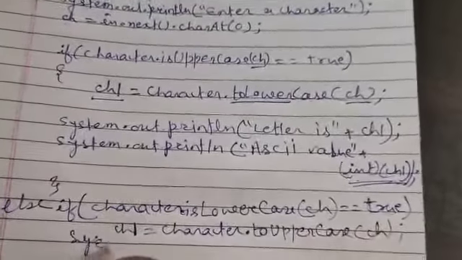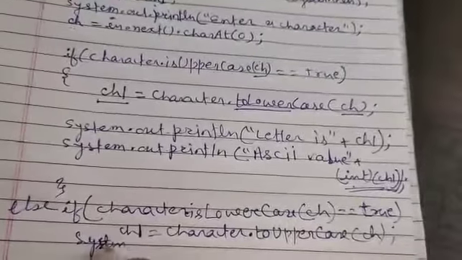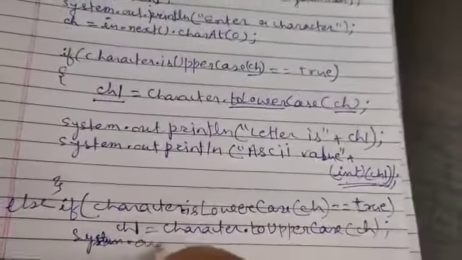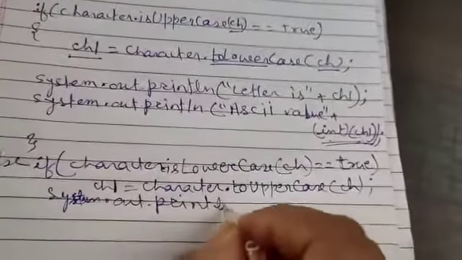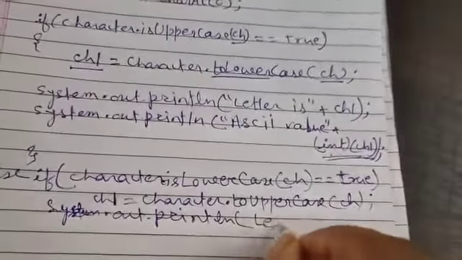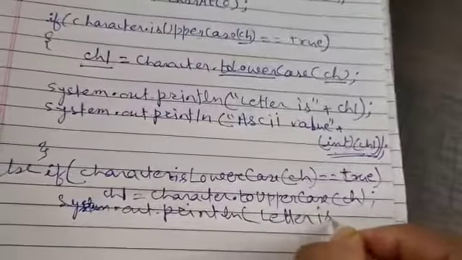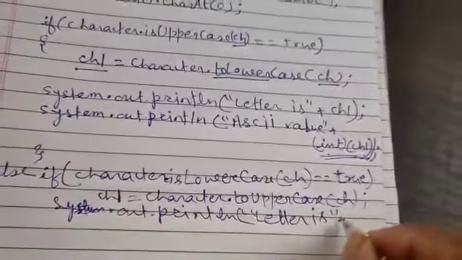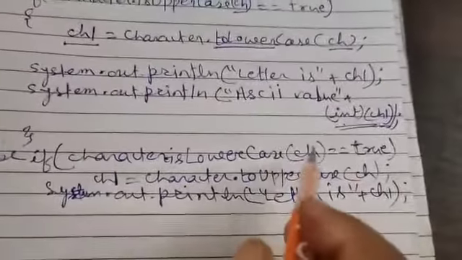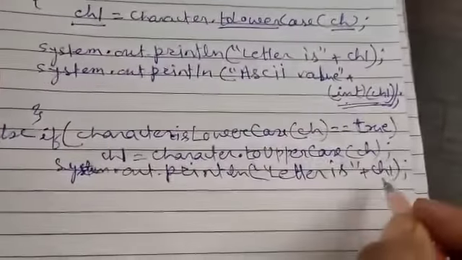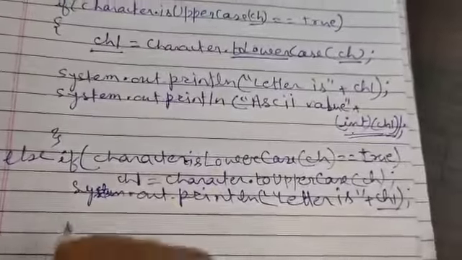And now System.out.println("Letter is" + ch1), where my lowercase value was already converted into uppercase, and it will print that uppercase letter.